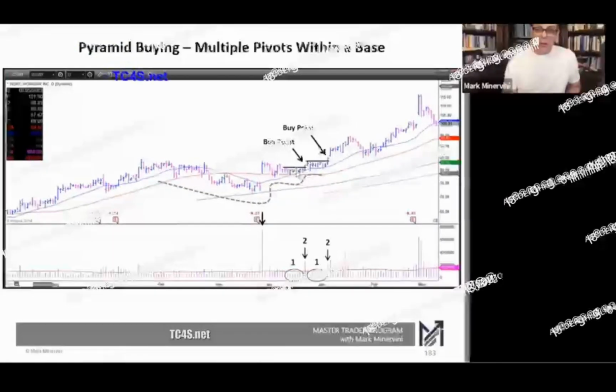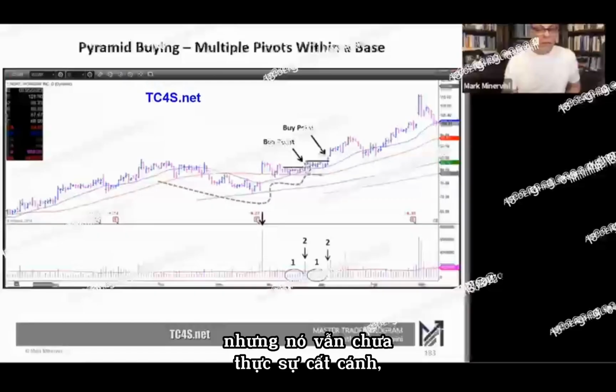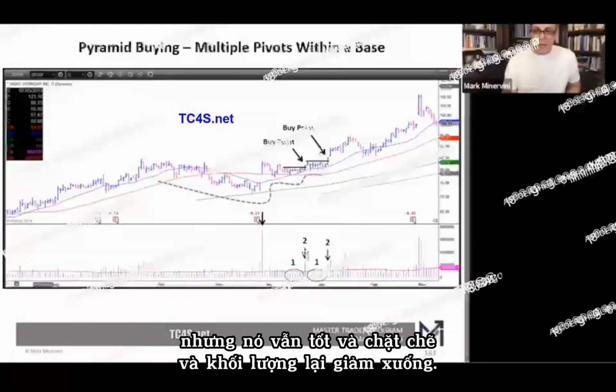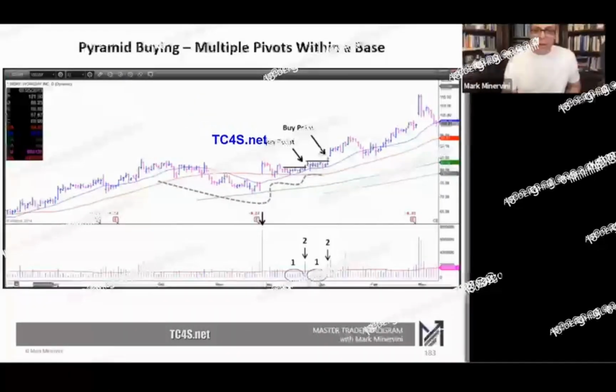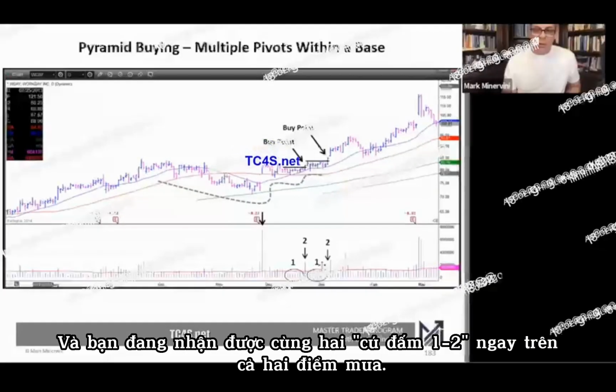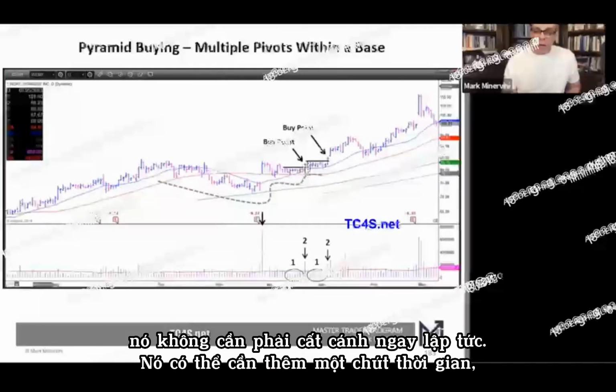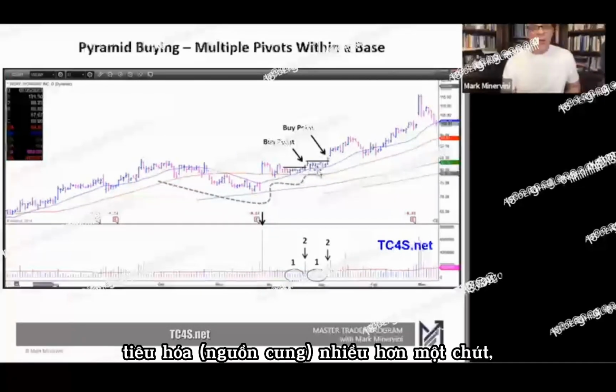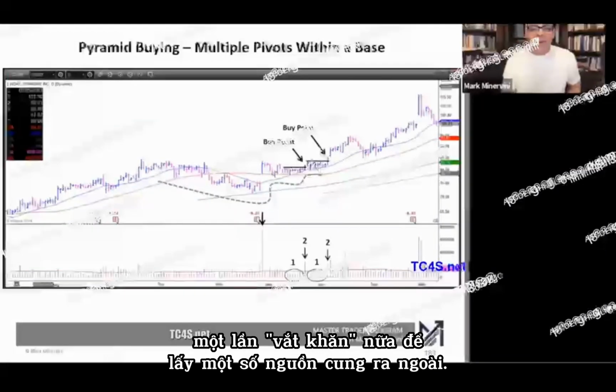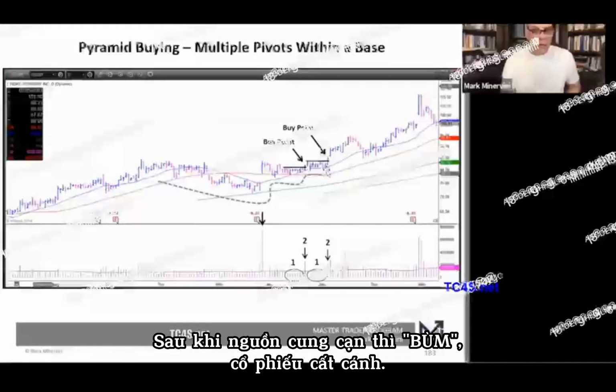It tightened up enough, but it didn't really take off just yet, but it stayed nice and tight, and the volume came down again. And you're getting that same 1-2 characteristic on both buy points. It doesn't have to take right off. It might need a little more time, a little more digestion, another twist of the towel to get some of that supply out. Once the supply's out, bang, then the stock can take off.